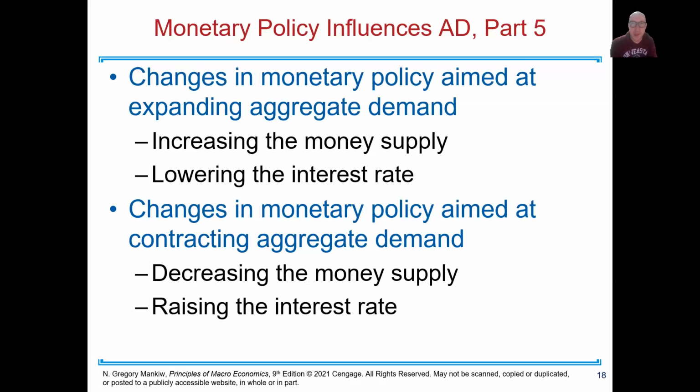This policy impacts changes in monetary policy aimed at expanding the aggregate demand, which results in increased money supply and lower interest rates. Higher supply, lower interest rates. Lower supply, higher interest rates. Makes sense.